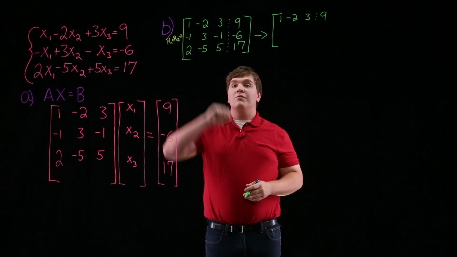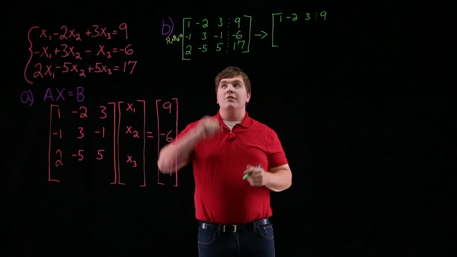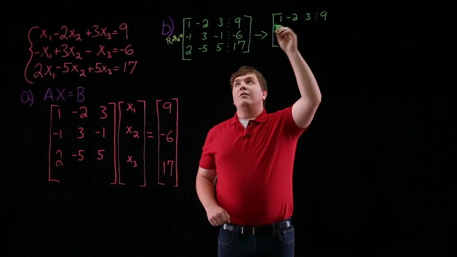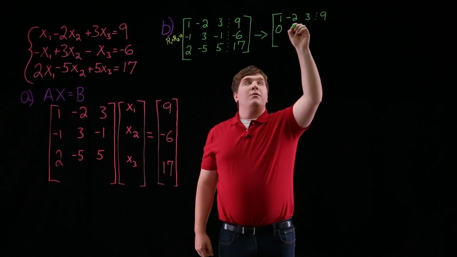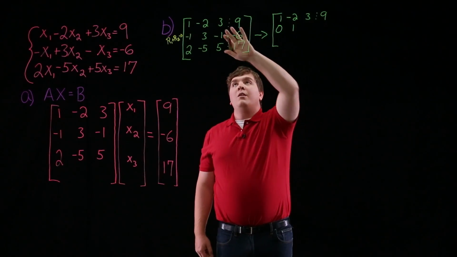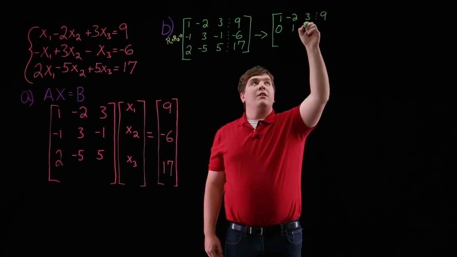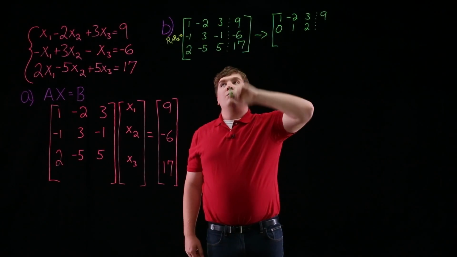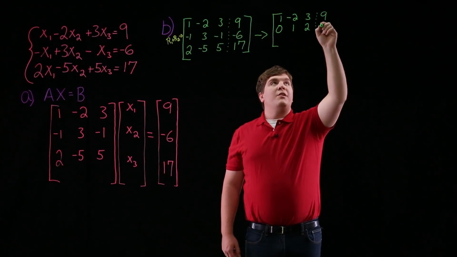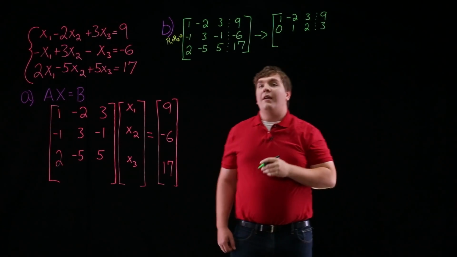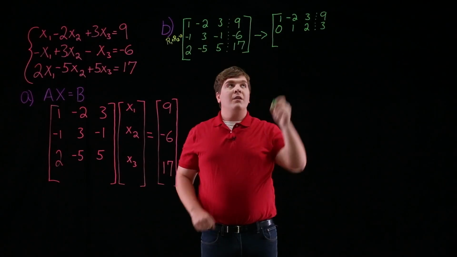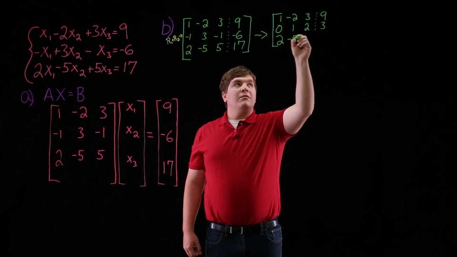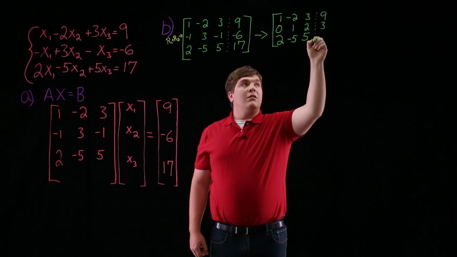And we're adding the first row to the second row. So in the first column, we'll have a 0. We'll have -2 plus 3, which will give us a 1. We'll have 3 minus 1, which is 2. And we'll have 9 minus 6, which is going to be 3. And our third row, nothing's changing. So our third row will stay as 2, -5, 5, 17.